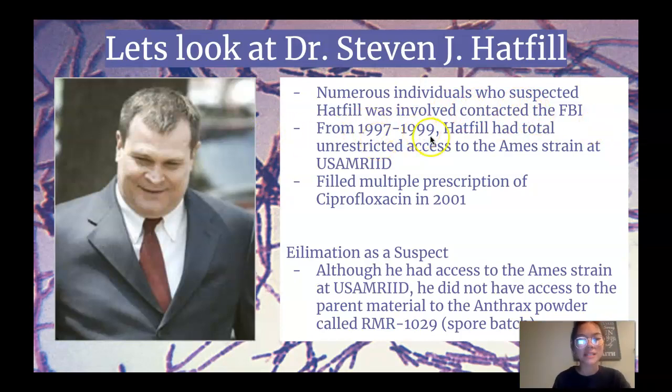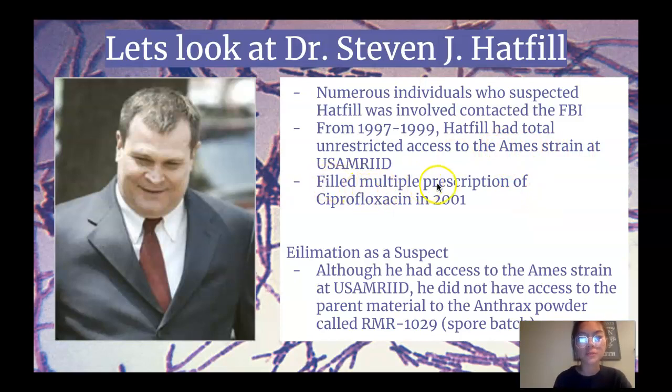We also know that from 1997 to 1999, Hatfield had total unrestricted access to the MS strain at this lab, which the spores and the bacteria from the letters were traced back to this specific strain.